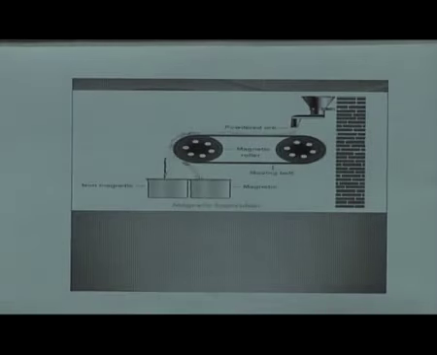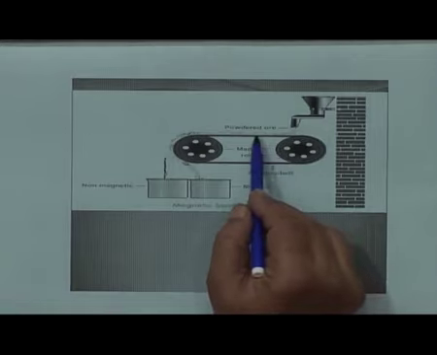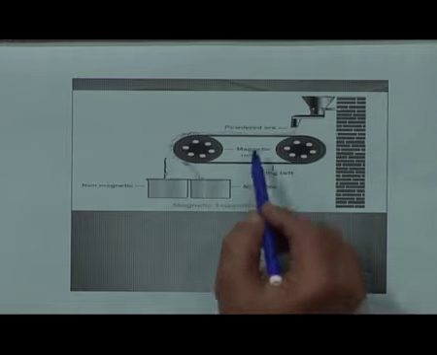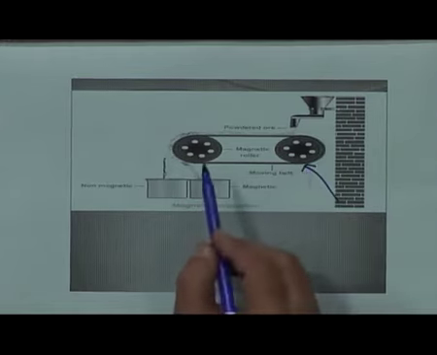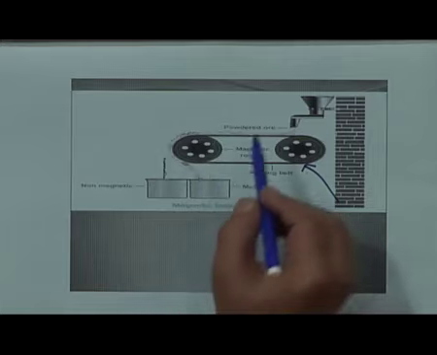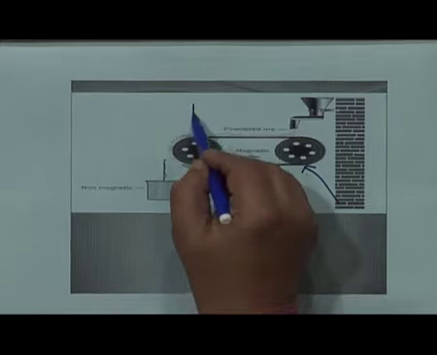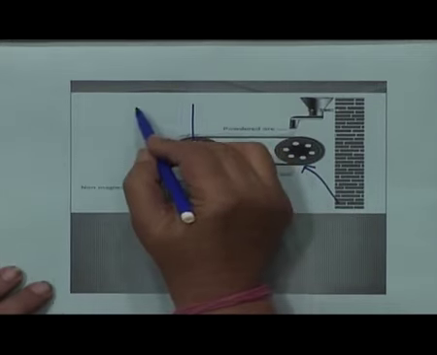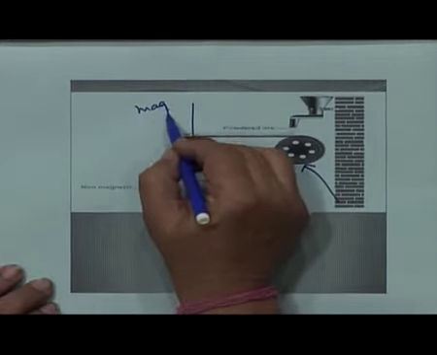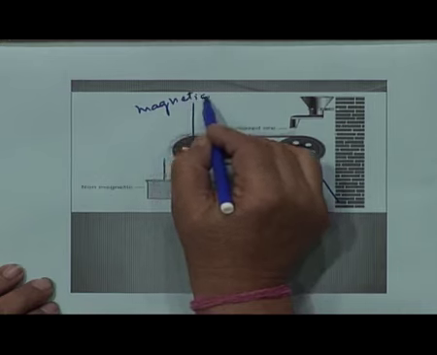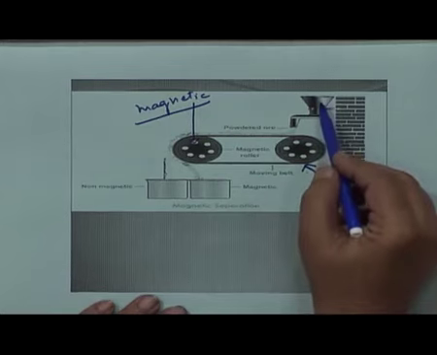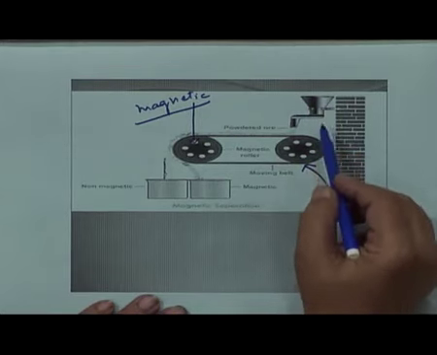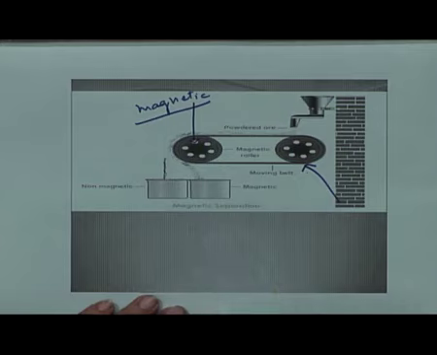Now, for separation, what is done? There is a moving belt. You can see this is the moving belt, and there is a magnetic roller. The ore is powdered and passed on to this belt. What happens?